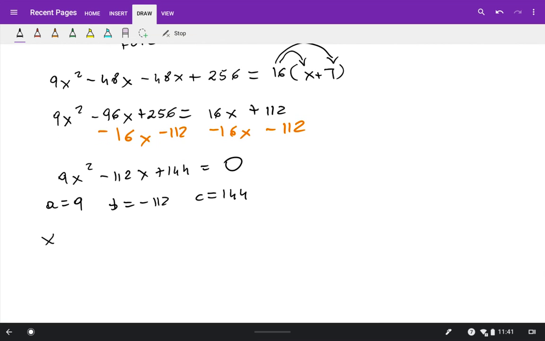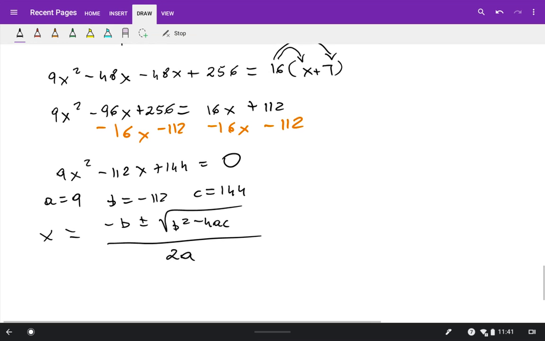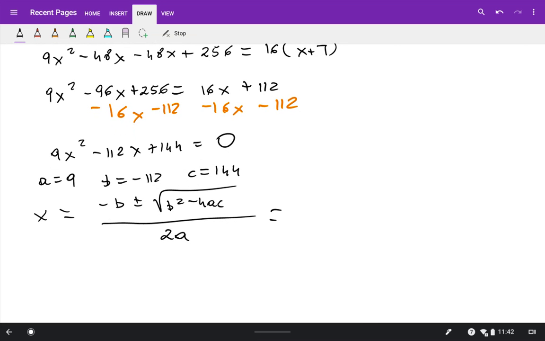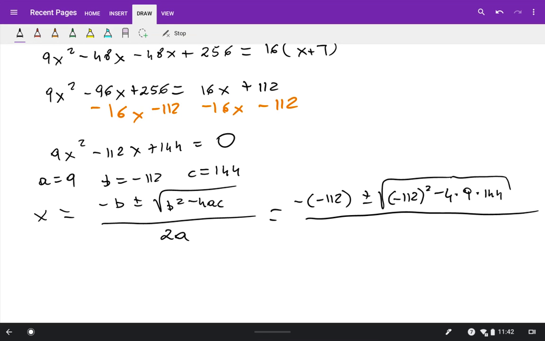So the quadratic formula is negative b plus minus square root of b squared minus 4ac, and everything divided by 2 times a. So we have negative of negative 112 plus minus square root of negative 112 to the second power minus 4 times 9 times 144, and divide everything by 2 times a, which is 2 times 9.